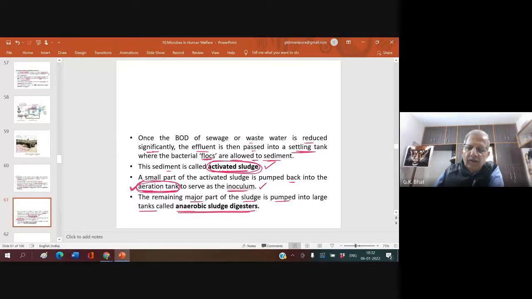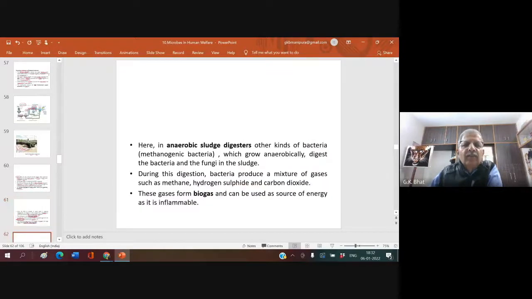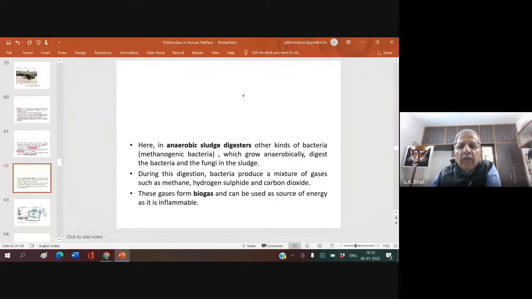What will happen here? In anaerobic sludge digesters, other kinds of bacteria, methanogenic bacteria, which grow anaerobically, digest the bacteria and fungi in the sludge. Whatever bacteria and fungi are there, they are digested by methanogenic bacteria, methane producing bacteria.